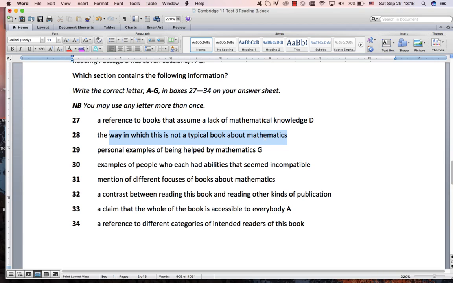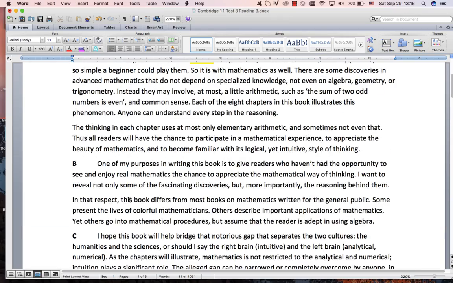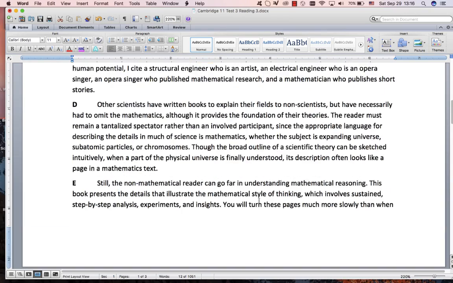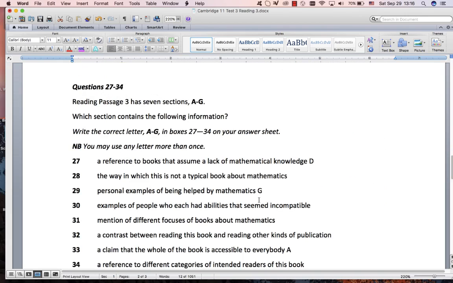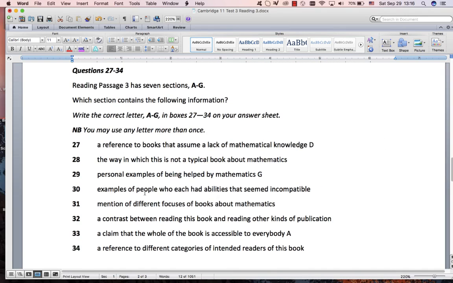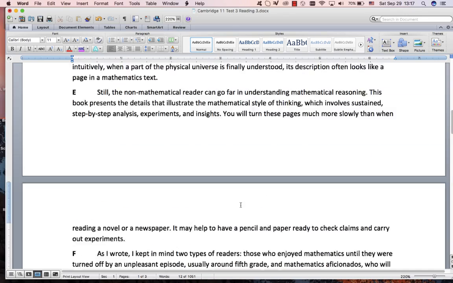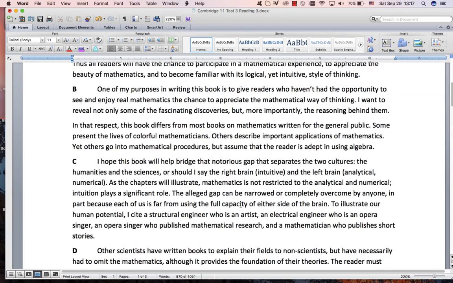So actually it's not a typical book. It differs from most books. That's very interesting, I've got to say. I would say yes, that's right. Examples of people, different focuses of books about mathematics, and that was also there. Most books on mathematics.